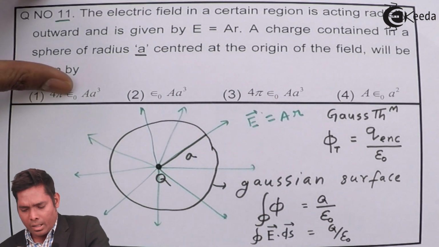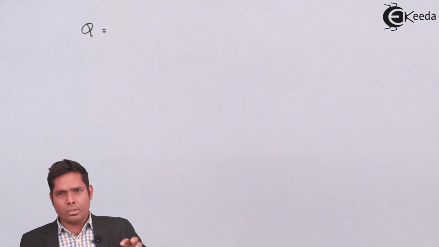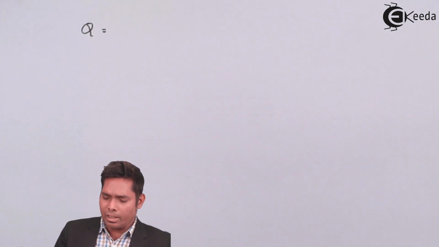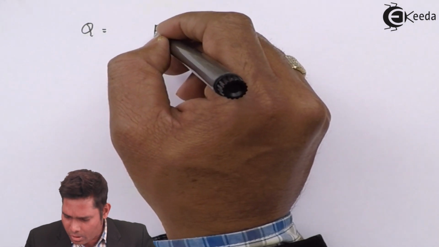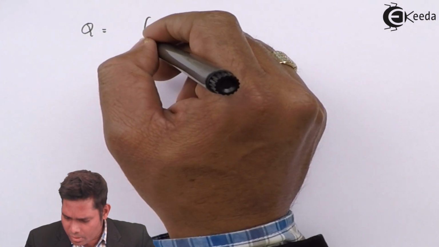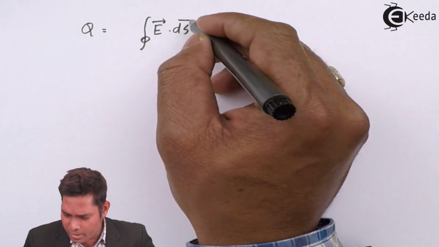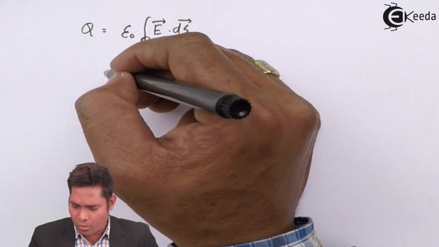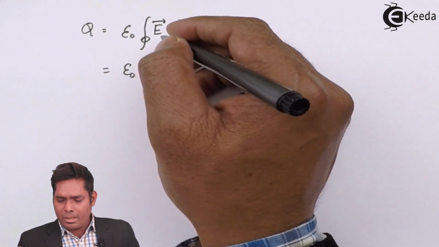So from here I can write that Q, the total charge enclosed within the Gaussian surface, obviously concentrated at the center, is given by the integration of E dot ds, times epsilon naught. E is how much?